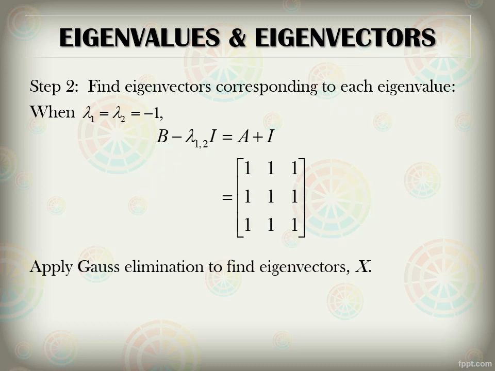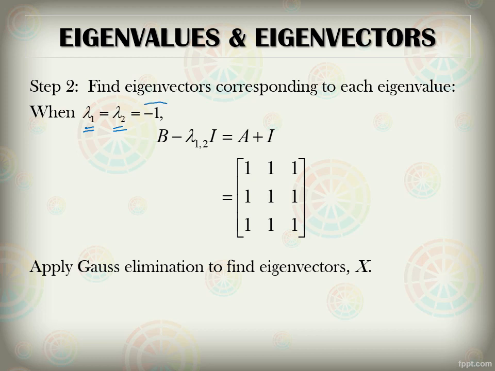Next we proceed with step 2. We want to find the eigenvector for the corresponding eigenvalues. First we go with 1, which is for our lambda 1 and lambda 2.